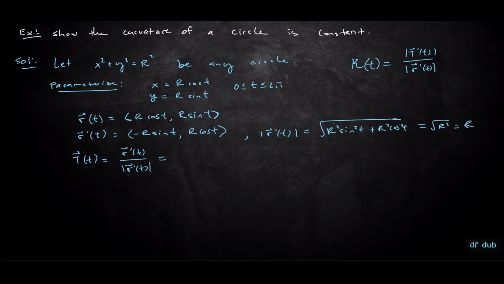So that's going to be 1 over R times r prime, which is negative R sine t, comma, R cosine t. So dividing by R, we just get negative sine t, comma, cosine t for capital T of t. So that is our unit tangent vector.